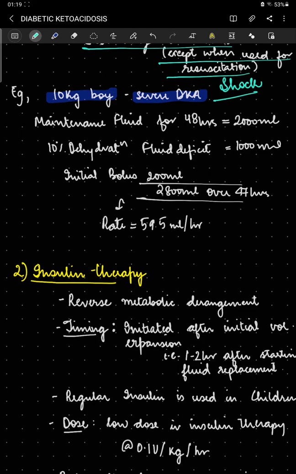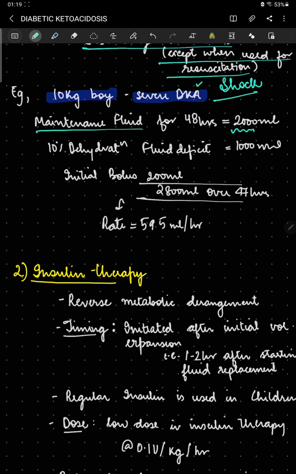First of all, you have to calculate the maintenance fluid for 48 hours. As the boy is 10 kg, for one day the maintenance fluid would be 1000, and for 2 days, that is 48 hours, it would definitely be 2000.